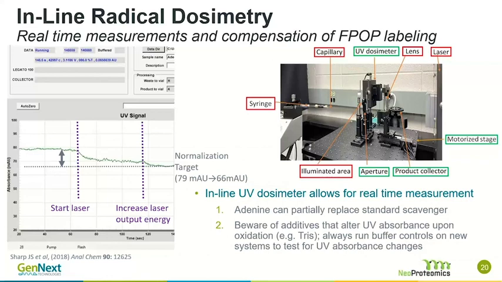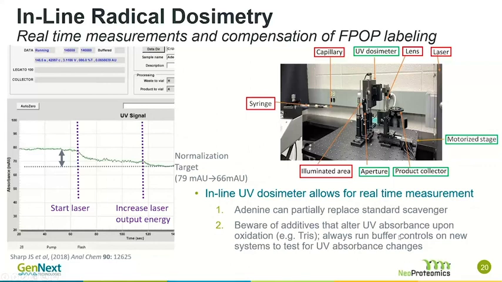One thing you have to be careful of, however, if you're using UV absorbance as a dosimeter, is additives that can alter the UV absorbance upon oxidation. The most common one that we run into is tris, which will show an increase in UV absorbance when it's oxidized, to the point where we've actually run experiments using tris as our dosimeter instead of adenine, and they work very nicely.